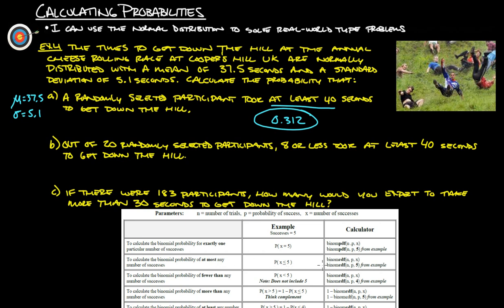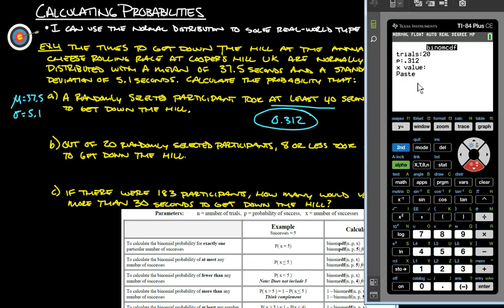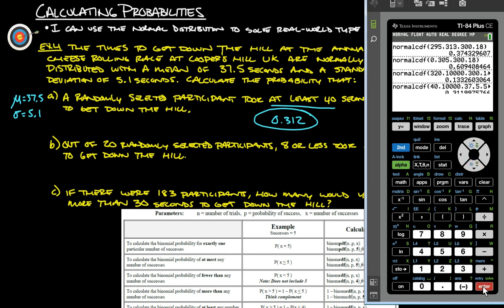So binomial CDF, sorry, our N is number of trials, P is the probability of success, and we want to actually put 5 in because it's going to count all the way up to 8 on our probability here. So back in here, our X value we want to put in as 8. Push enter, paste, and then enter again.